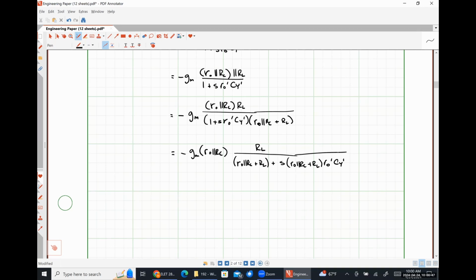And I believe that is of a form that I can pull a pole from very easily.